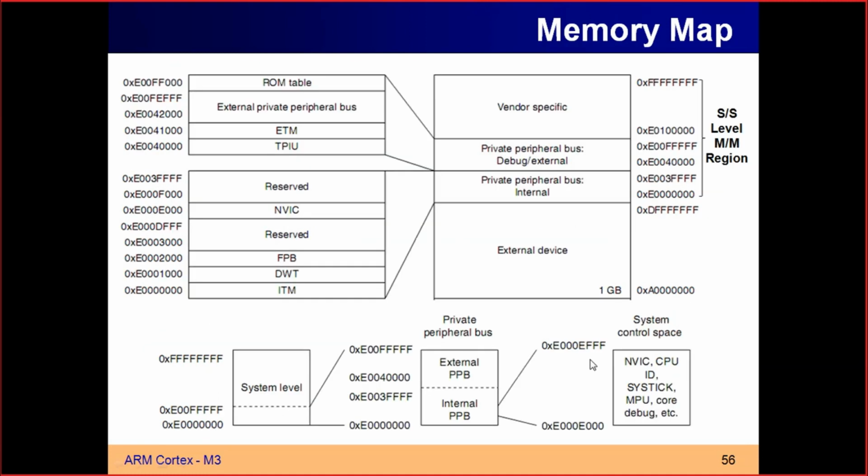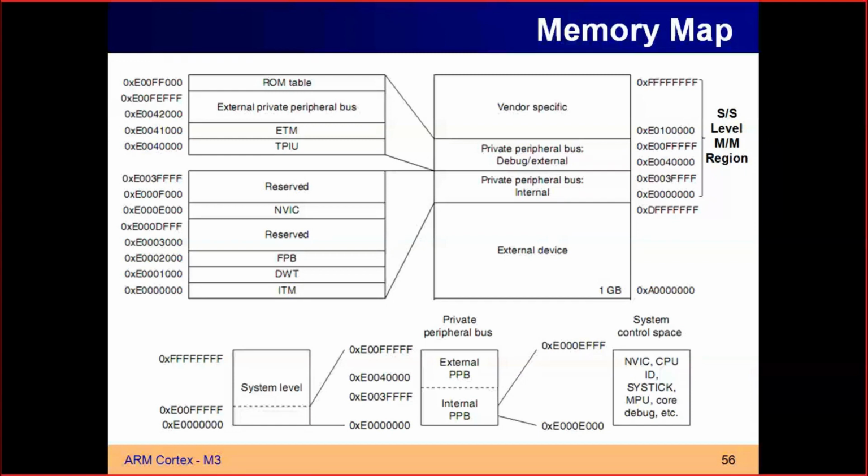In the system memory region, you can see the private peripheral bus, external and internal. The private peripheral bus, internal, is used for transferring data from these peripherals. What are these? NVIC means nested vector interrupt controller.